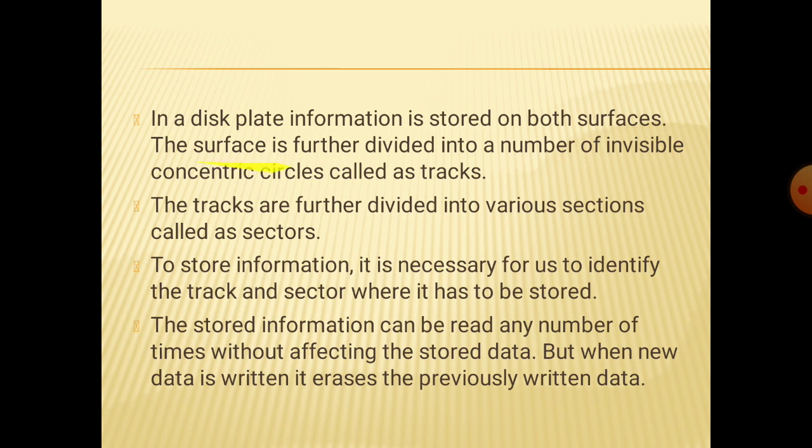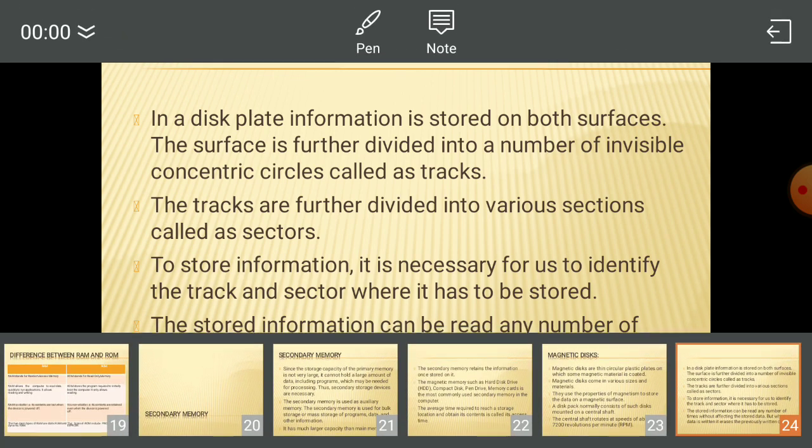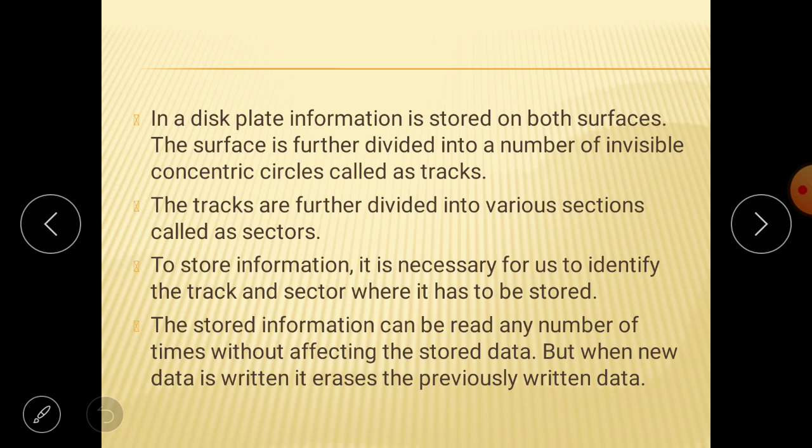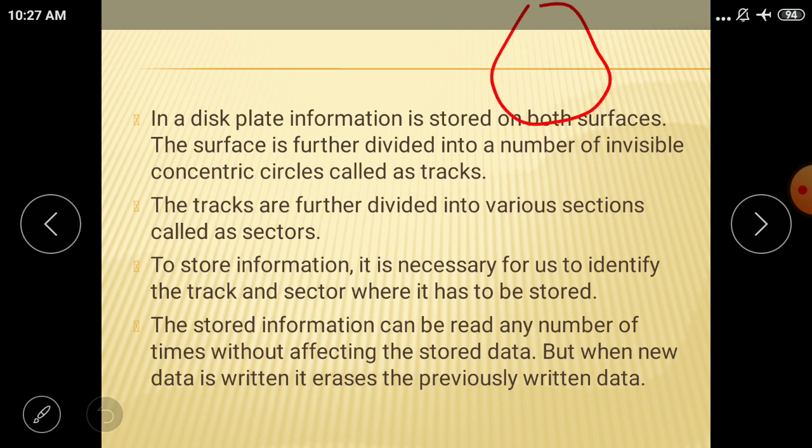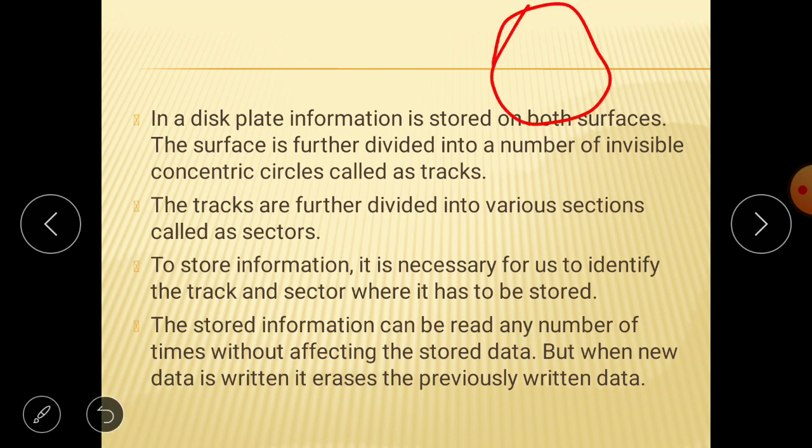The surface is further divided into a number of invisible concentric circles. Those are called tracks. Let me show you. Your circular disc will be there, and one center will be there.